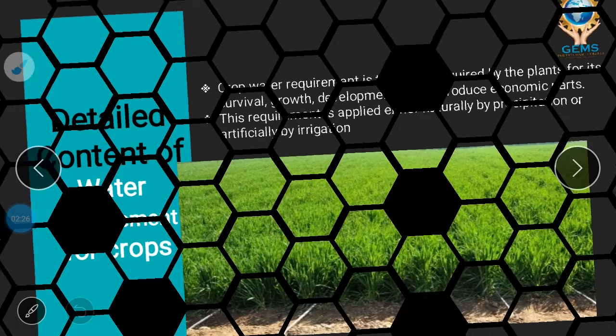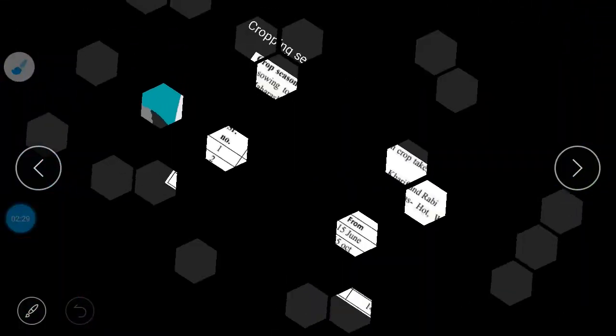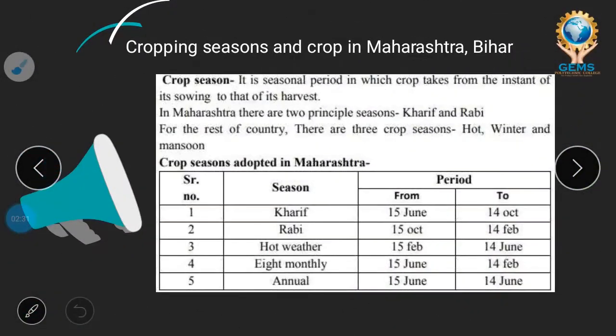Next, we will be seeing about the cropping season in Maharashtra and Bihar. As we all know, these two places are hot as well as cool and humid also. It has particular seasons. In India, in areas like Maharashtra and Bihar, there are mainly two seasons, that is, one is Kharif season and the other is Rabi season. In Kharif season, what do we grow?